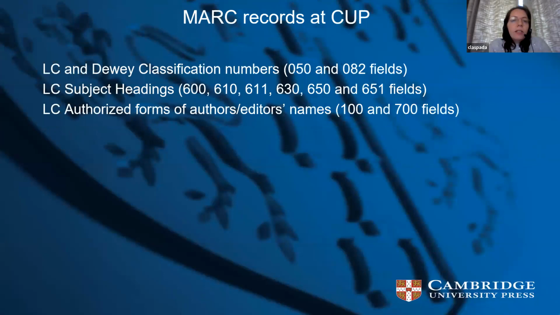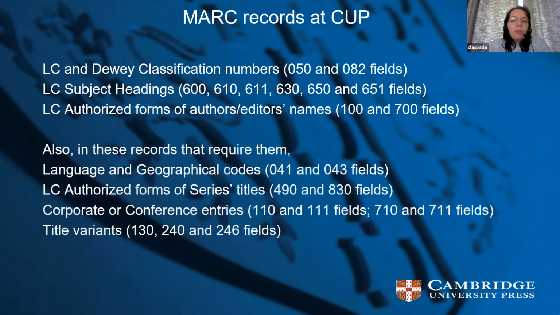And I do this so that all the MARC records that we produce for both ebooks and journals will all have Library of Congress and DDC classification numbers, Library of Congress subject headings, Library of Congress authorized forms of names, and, for those that require them, language and geographical codes, Library of Congress authorized forms of series titles, corporate or conference entries, and title variants. Again, all the elements necessary for full discoverability.